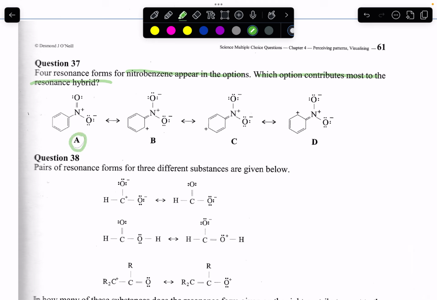Oh sorry, here we have charges 1 plus 1 minus. Here you have 1 plus 2 minus, here we have 1 plus 2 minus, here we have 2 plus and 2 minus. So simply we can say if we have less charge, then that can be more stable. So less charge is only option A. Clear? So B, C, D have more charges than A.